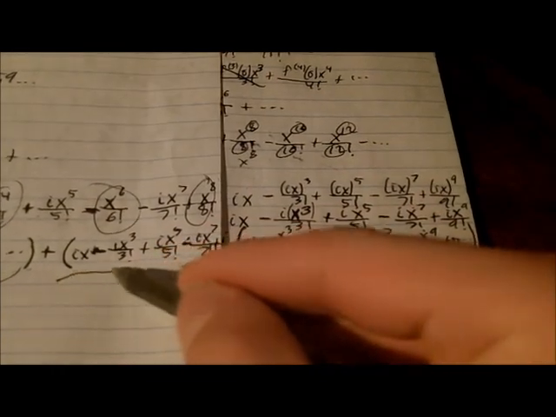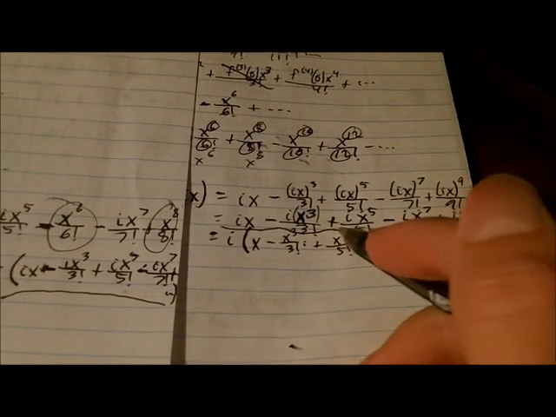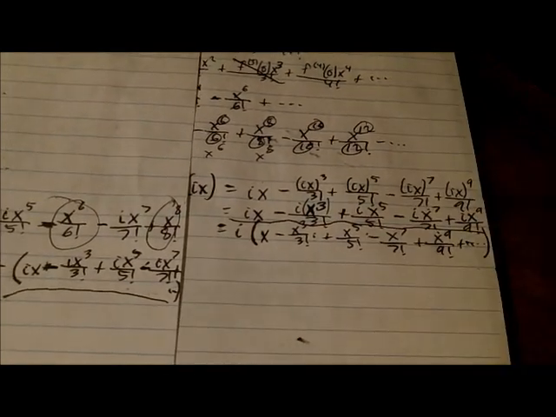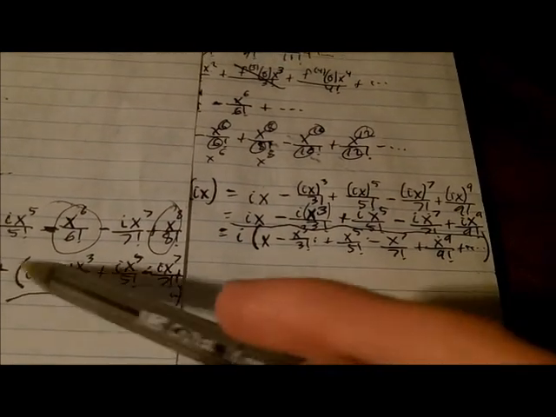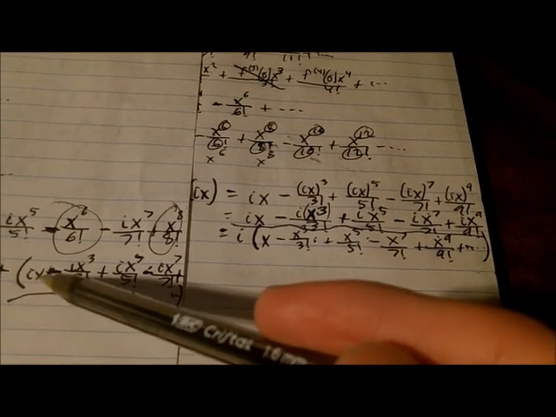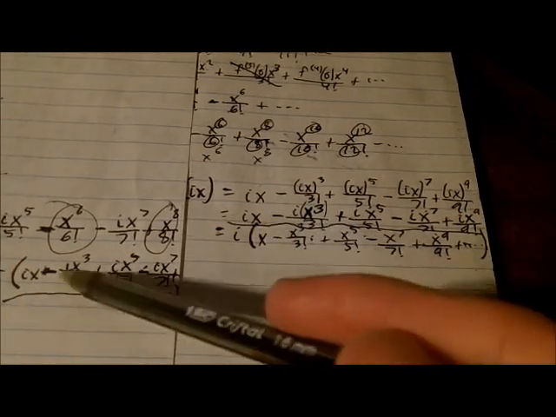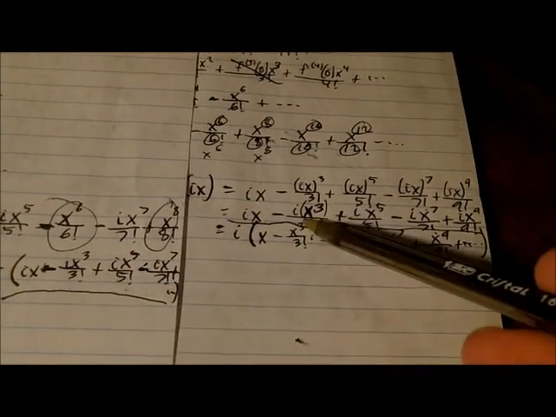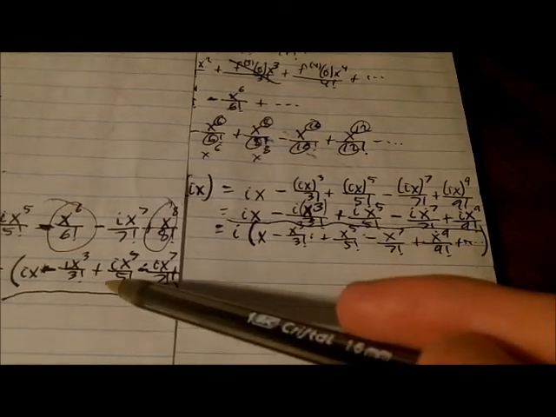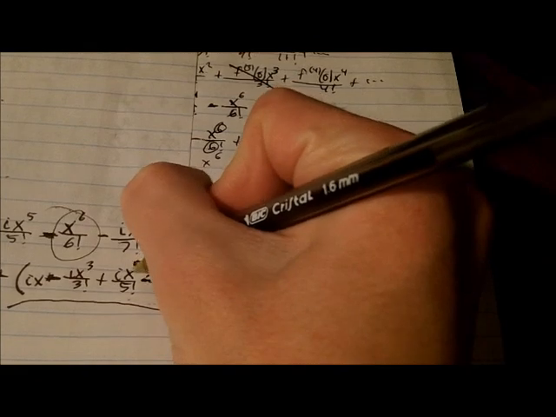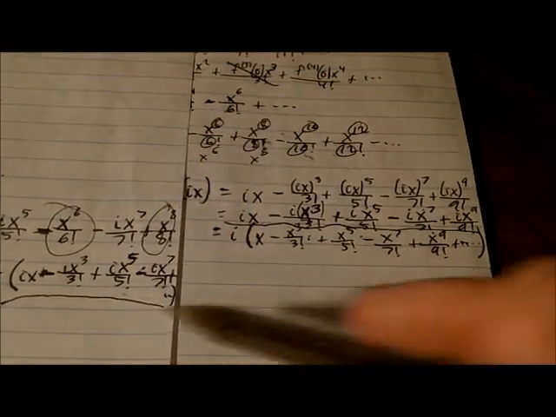So this is really equal to this, which I'm underlining, because we see ix here, minus ix cubed over 3 factorial, that's exactly what's here, plus ix to the 5th, that's supposed to be a 5, sorry about that, over 5 factorial, and that's the one that's here, and then we have that same exact alternating pattern.